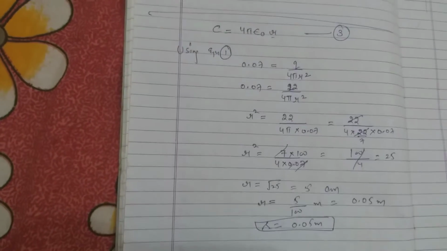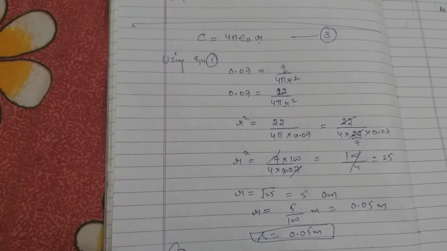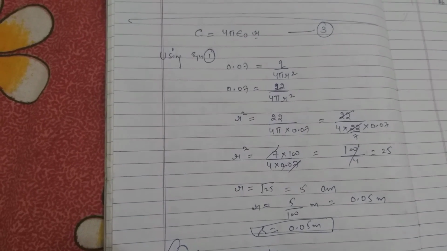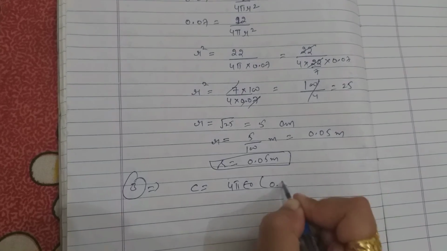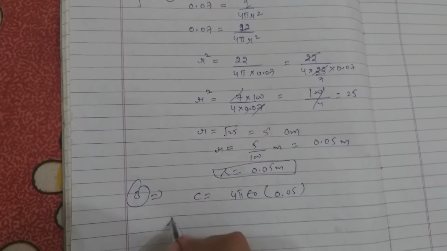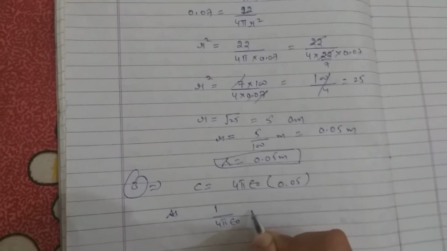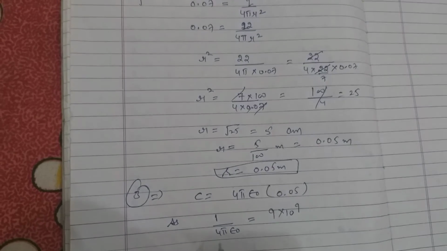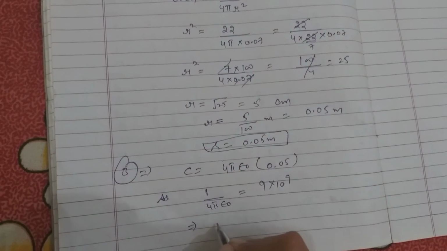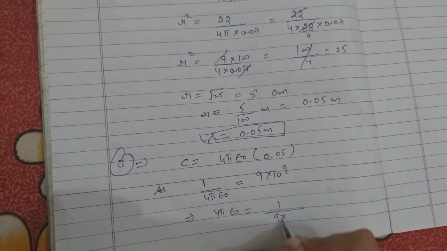Now substitute in equation number 3. So equation 3 becomes C is equal to 4 pi epsilon naught into R. The value of R is 0.05. As we know, we have a constant 1 by 4 pi epsilon naught is equal to 9 into 10 raised to power 9. So the value of 4 pi epsilon naught becomes 1 by 9 into 10 raised to power 9.